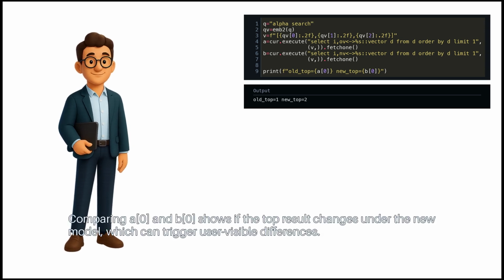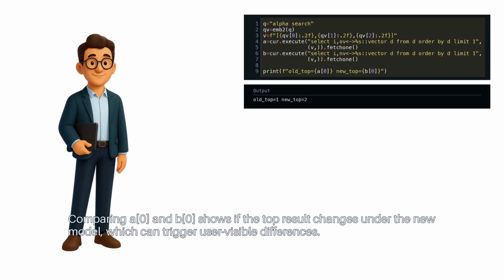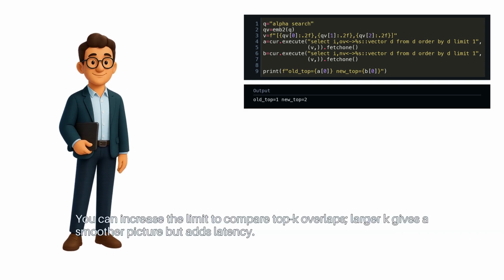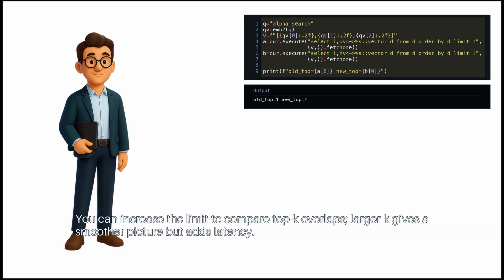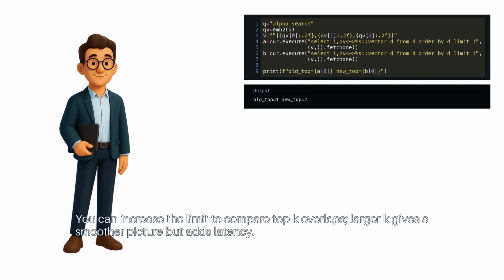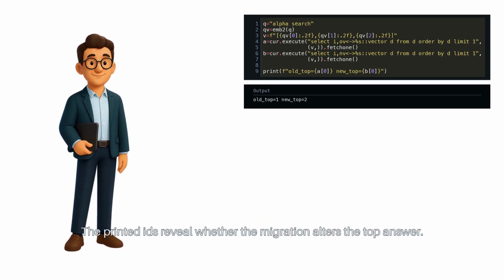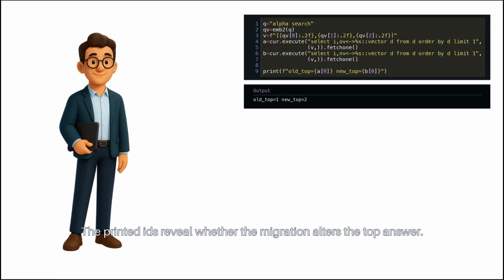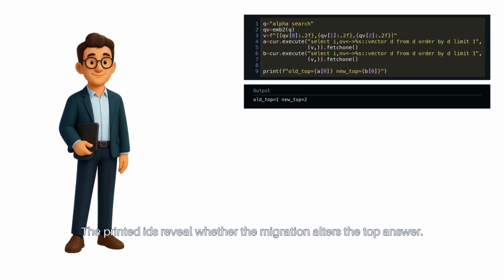Comparing A0 and B0 shows if the top result changes under the new model, which can trigger user-visible differences. You can increase the limit to compare top K overlaps. Larger K gives a smoother picture, but adds latency. The printed IDs reveal whether the migration alters the top answer.